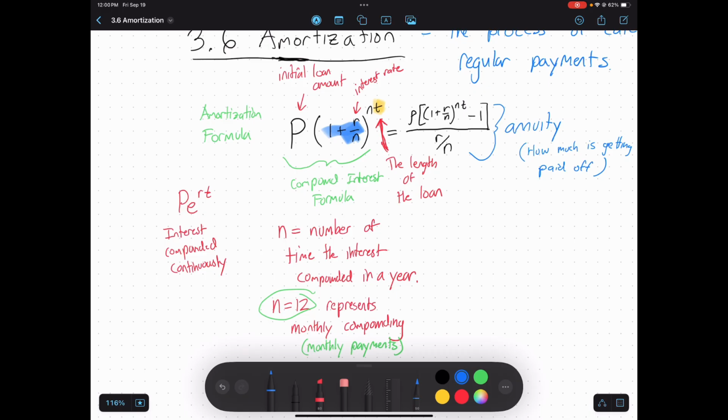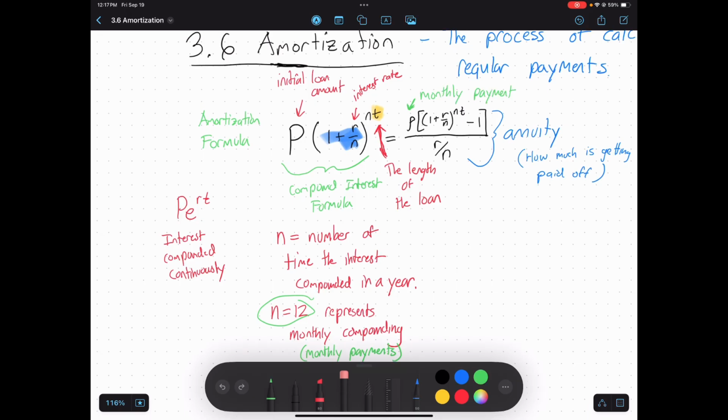T represents the length of the loan, but there's one more variable here that we need to talk about, and that's this lowercase p. That lowercase p is your monthly payment. Actually, I shouldn't say monthly, because monthly would only be if n is equal to 12. So this just represents my regular payment.